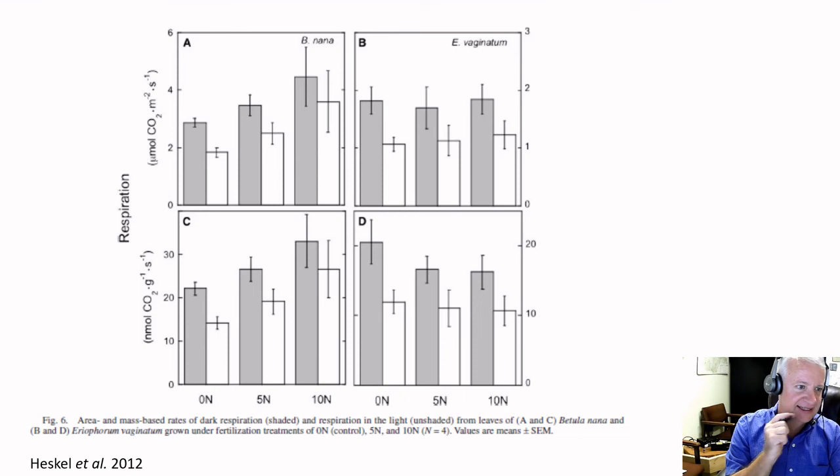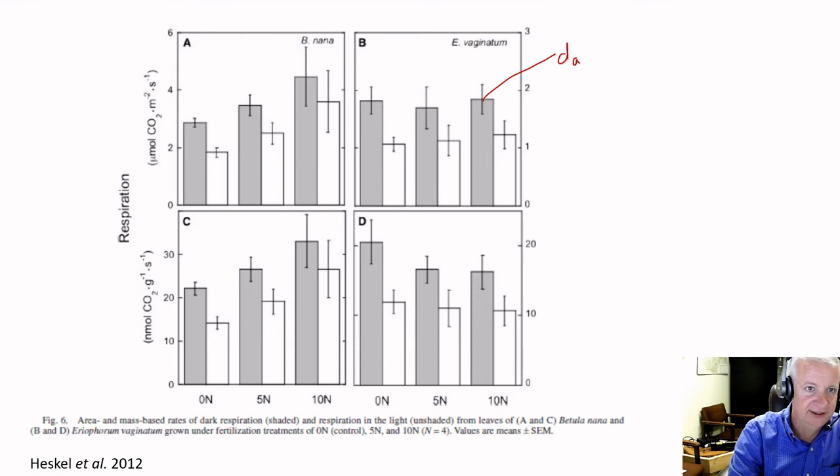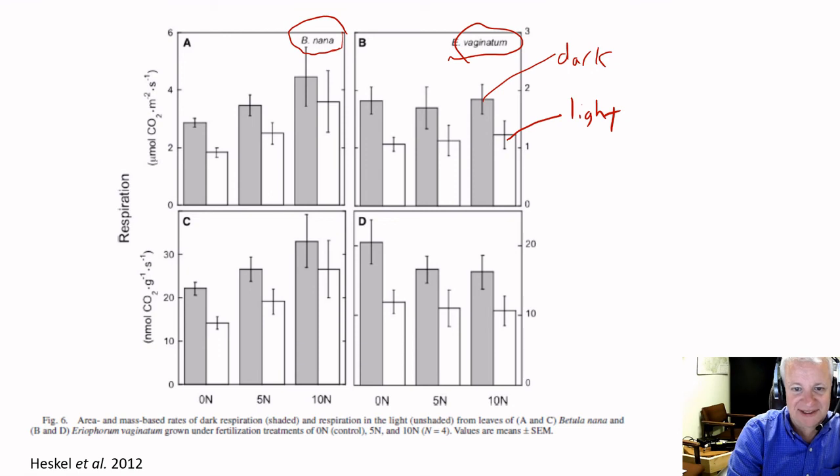These folks used those estimates, really fine measurements of light response at low light levels, and they found that, in all of these, the shaded bar is respiration in the dark, and the light bar is respiration in the light. And basically it's two different species of little shrublets in the tundra, but I think this applies to woody plants in general.